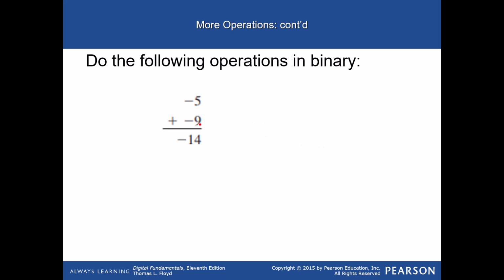And here, if we are to add two negatives, so negative 5 plus negative 9, which we know is negative 14. So this is 5, and this is its 2's complement, that is negative, and the same thing goes for the 9, and this 2's complement is negative. Then I'm gonna add these two numbers.